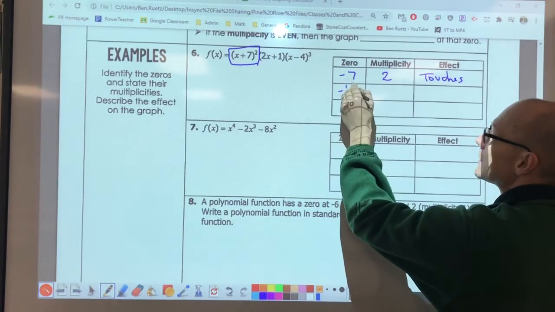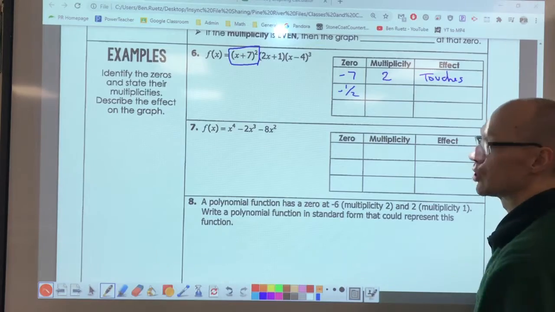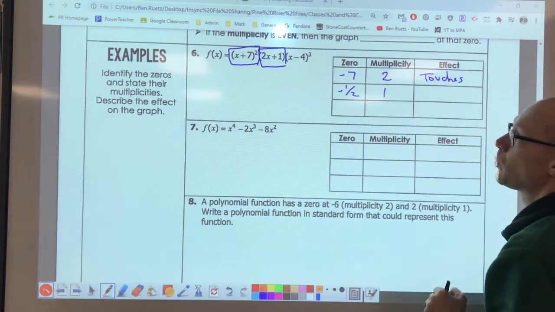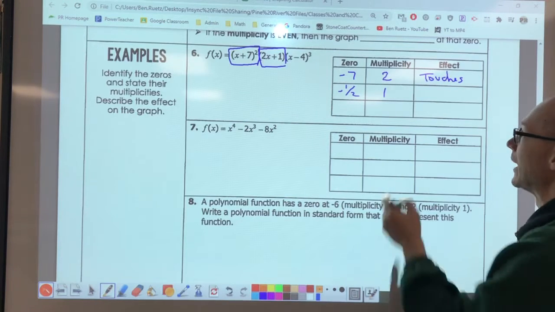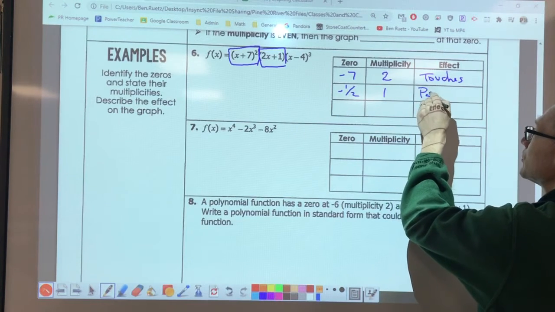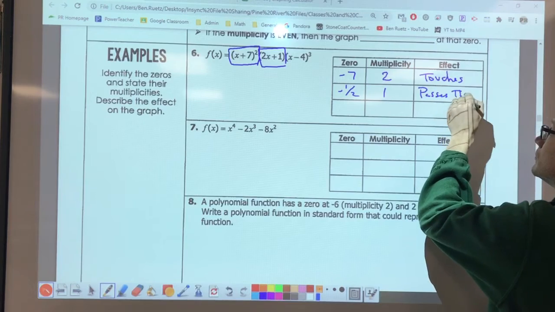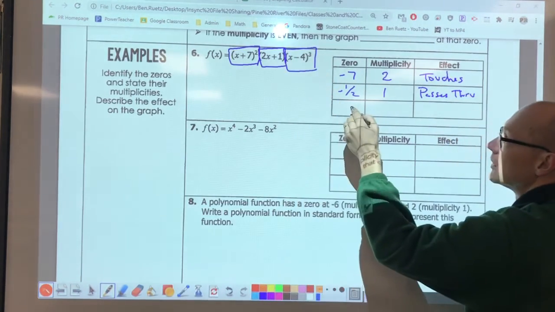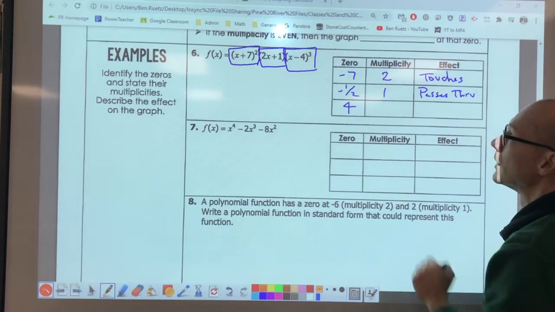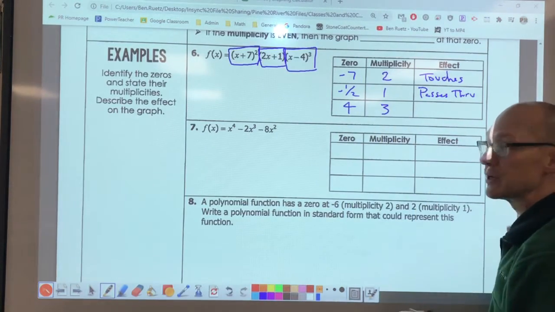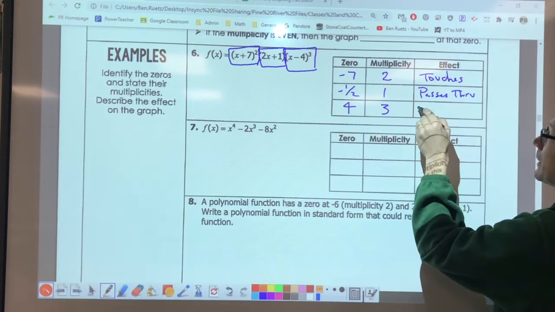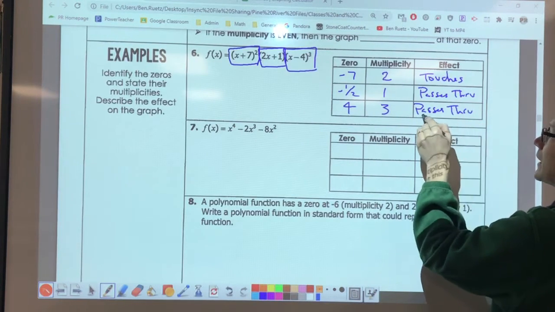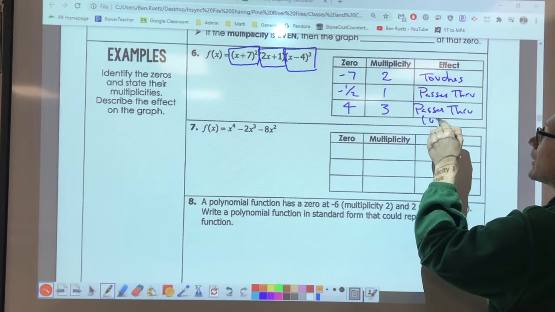This zero of -1/2, or as Desmos showed, 0.5, comes from this one. It's a multiplicity of 1 because there is no exponent on that factor, so it just passes through. And then this factor gives a zero of 4, but it has a multiplicity of 3. So it passes through kind of like a cubic.